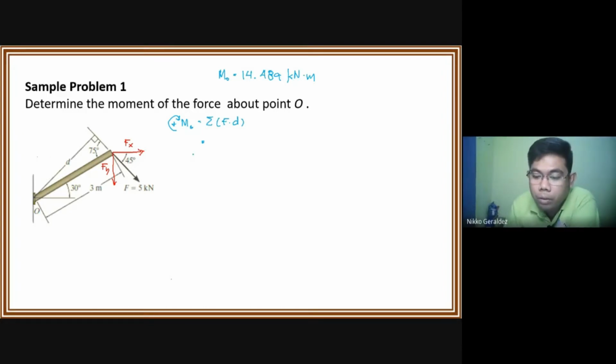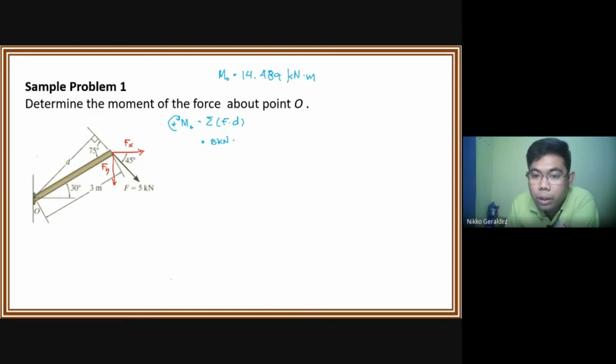So, that is 5 kilonewton, positive, times... saan natin i-multiply si 5 kilonewton para maging x component siya? Ano yung x component ng 5 kilonewton? Multiply natin by cosine 45.